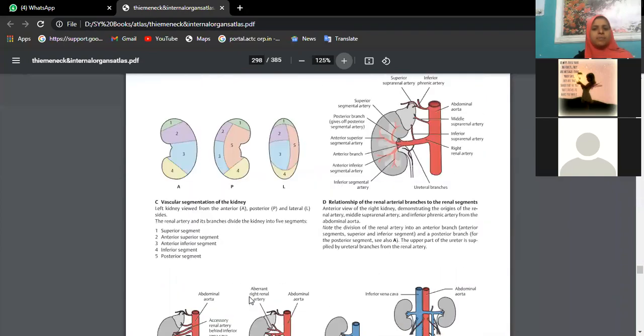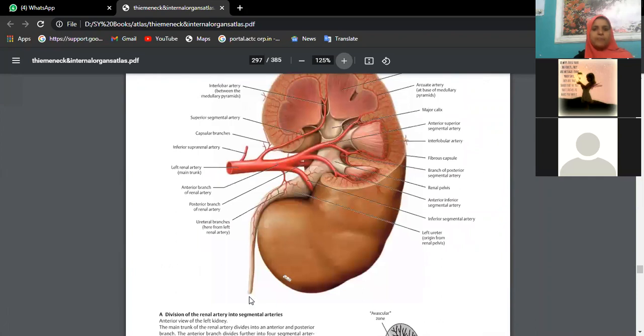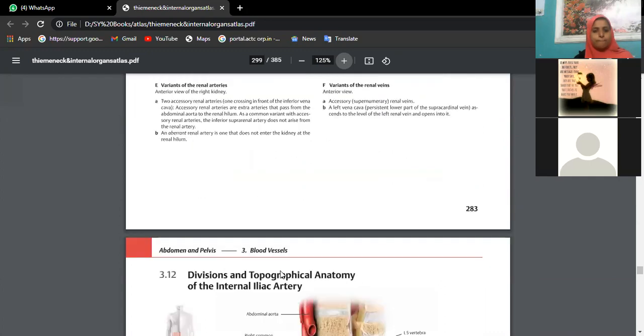You can also check with Netter's Atlas. I've sent the PDF. You can download the PDF if you don't have a hard copy. This is the renal artery. These are all segmental arteries which are going inside.